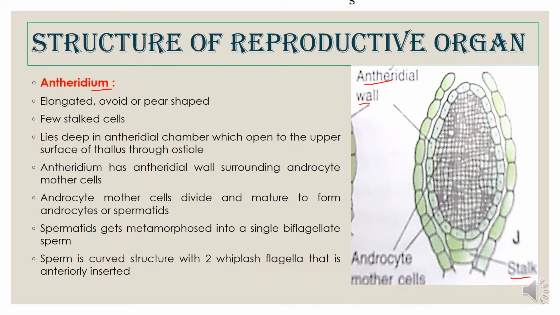So the reproductive organ is an oval shaped structure that has a single layer wall, the antheridial wall or the jacket cells.